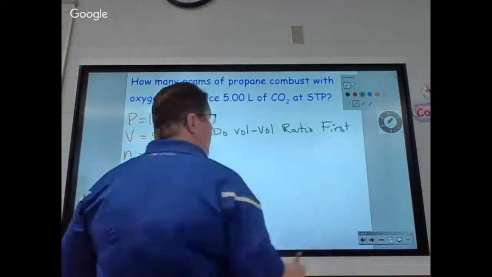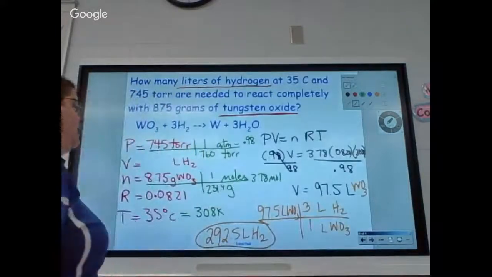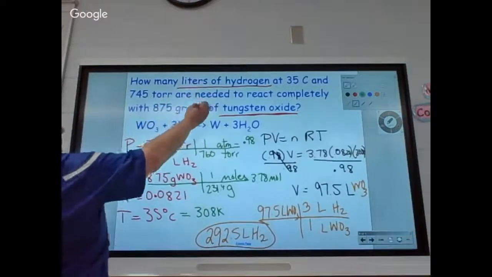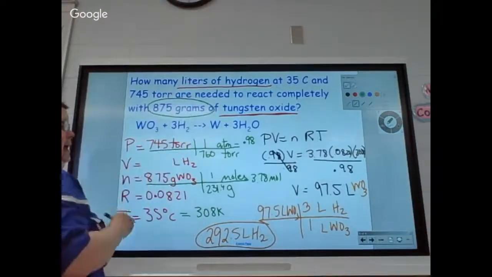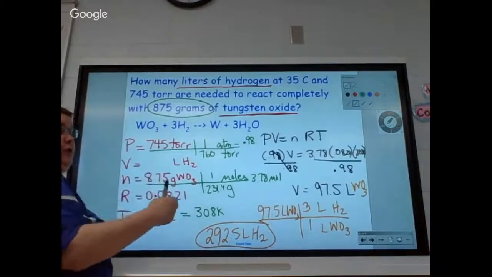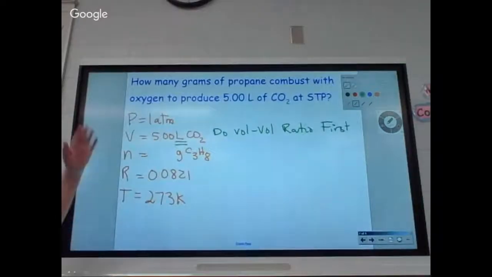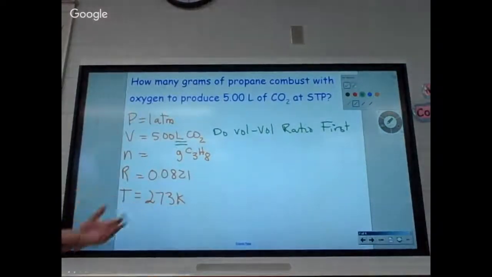The reason I didn't do the volume ratio first here is they gave me grams, and I found volume, so I did the volume ratio last. But because they gave me volume, I'm going to do it first.